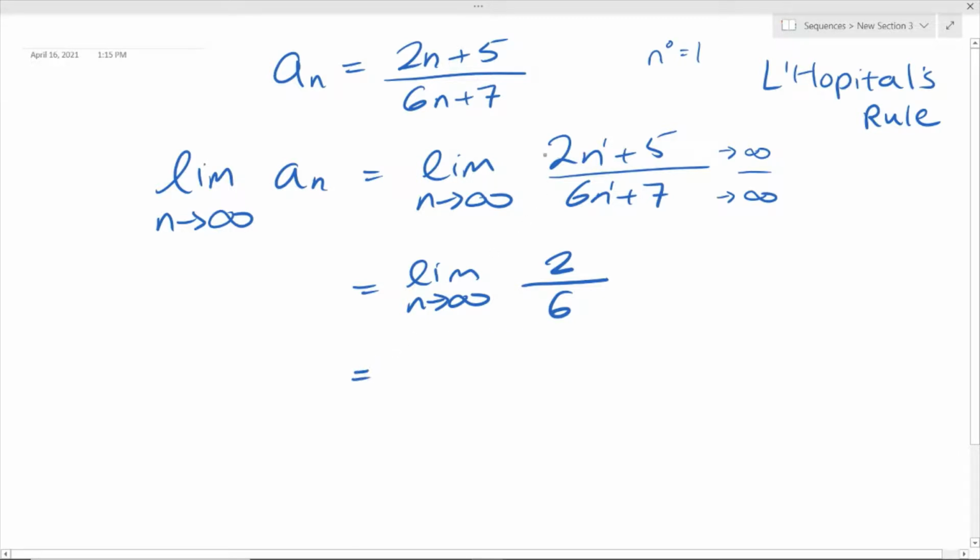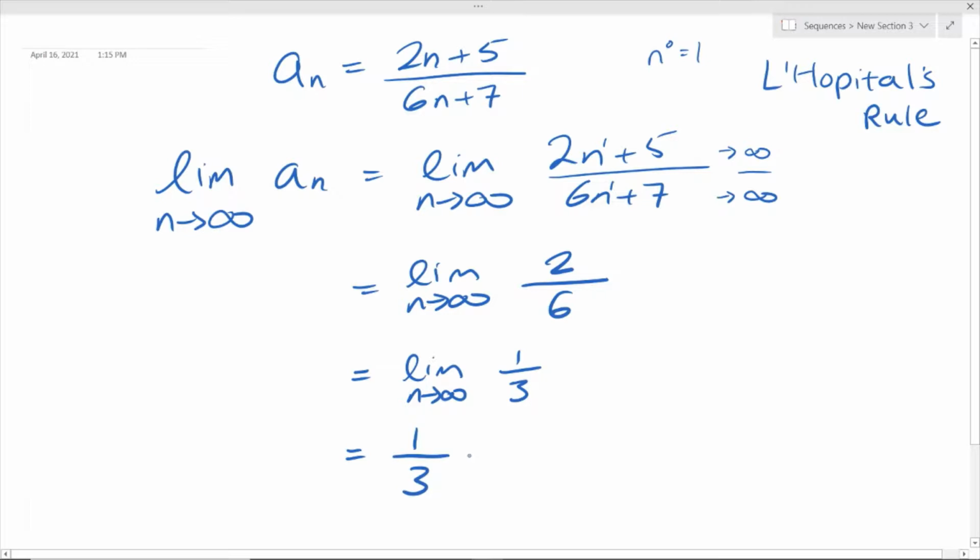Because we just multiply 2 times 1 and 6 times 1. These are constants, so the derivative of that is just going to be 0, so we're adding 0 at the end here. So we found the derivative, it's going to be 2 over 6, and 2 over 6 is the same as 1 over 3, and then n goes to infinity. Well, there's no n here, so this ultimately is just going to go to 1 over 3.